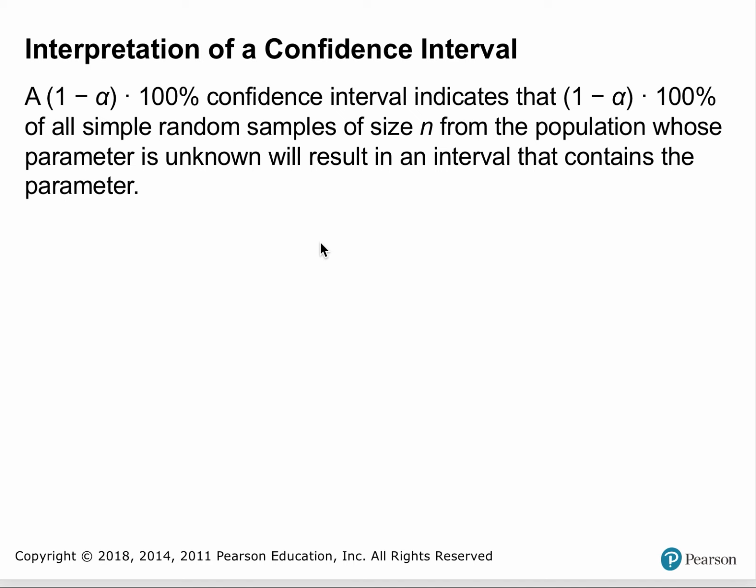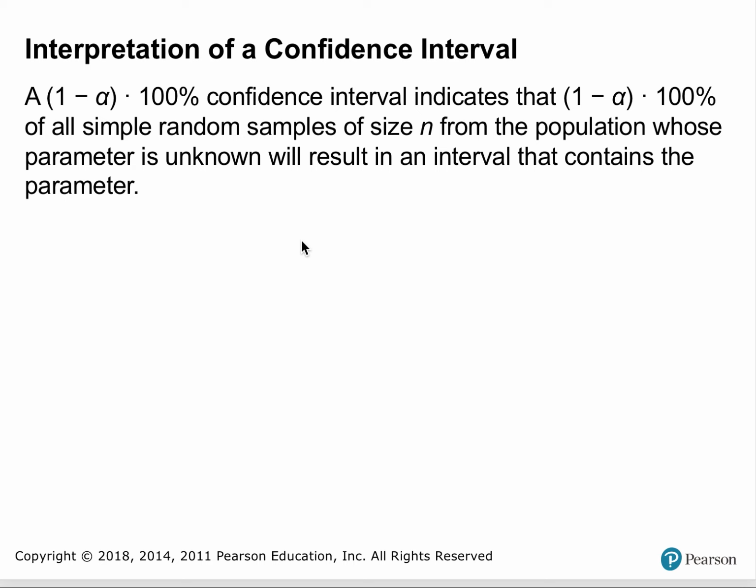Maybe you're thinking I'm stressing it too much, but I'm going to stress it one more time for us. A 90% confidence interval for a parameter suggests that 90% of all possible samples will result in an interval that includes the unknown parameter, and 10% of the samples will result in an interval that does not include the parameter.